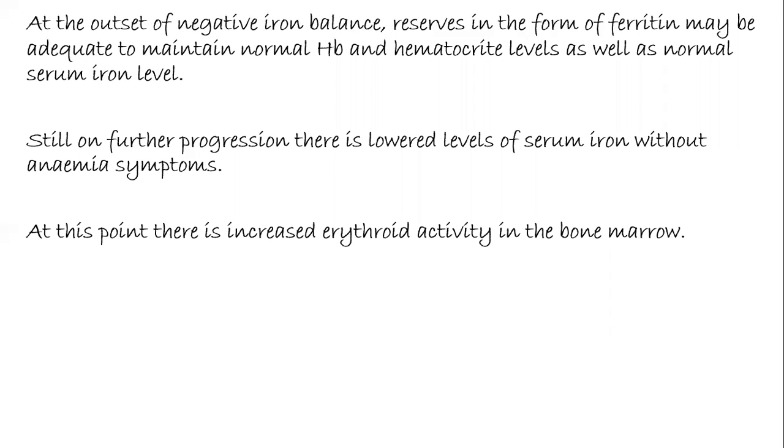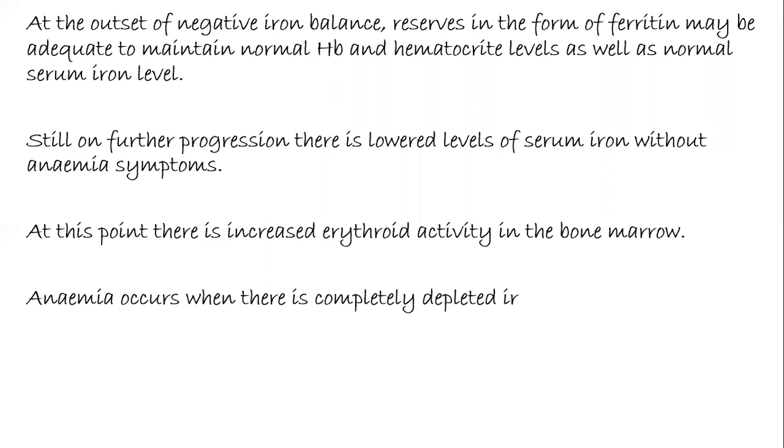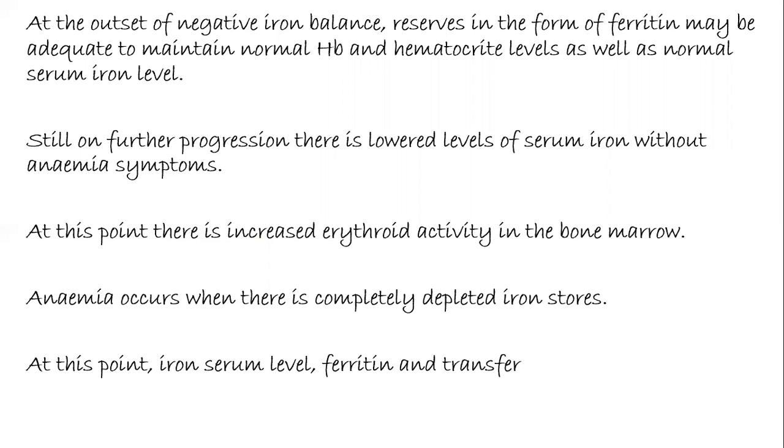At this point there is increased erythrocyte activity in the bone marrow. Anemia occurs when there is completely depleted iron stores. At this point, iron serum level, ferritin and transferrin saturation level are decreased. Despite the cause, iron deficiency results in no hemoglobin production.